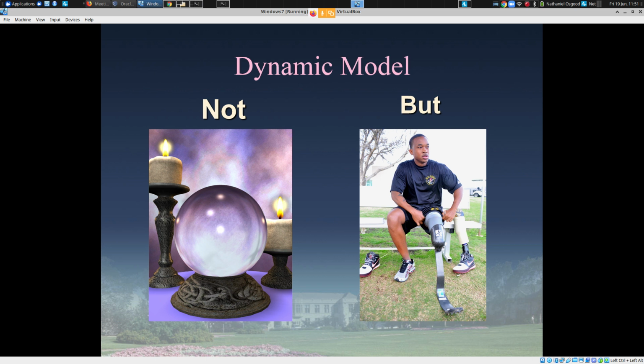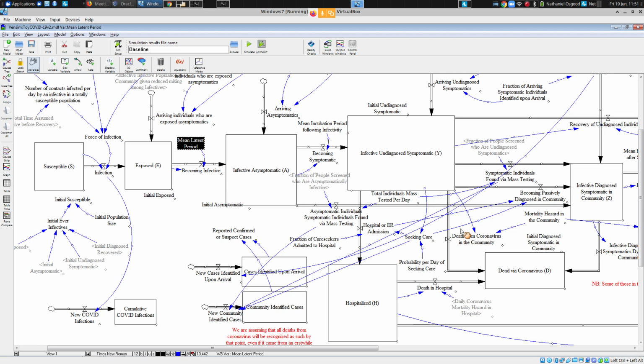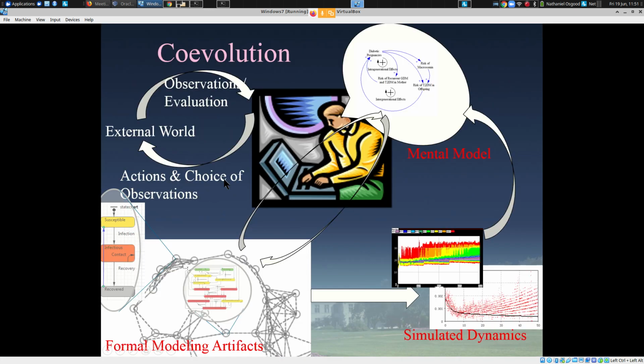So I argued earlier, these are not crystal balls. These are learning prostheses. And I won't go through this again because I think I hit on it strongly. But fundamentally, they help us learn more quickly, more robustly, and more deeply from empirical evidence by testing our theory in the crucible of that evidence. And testing, does it jibe? Does what we see in terms of the induced behavior thus far jibe with what we see empirically?